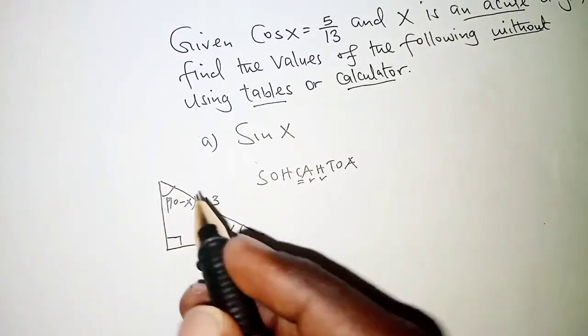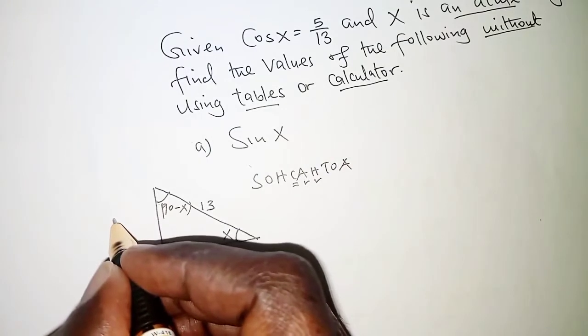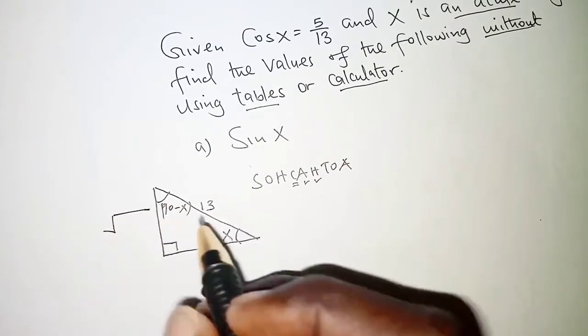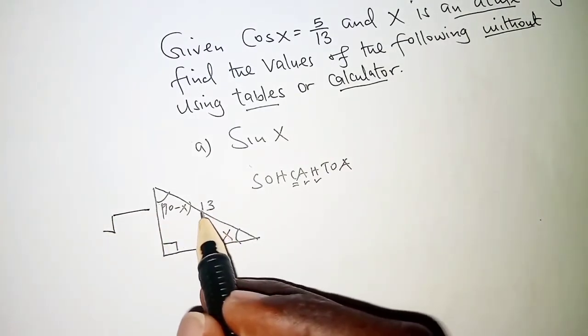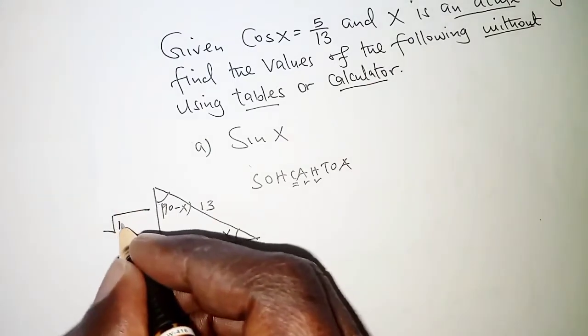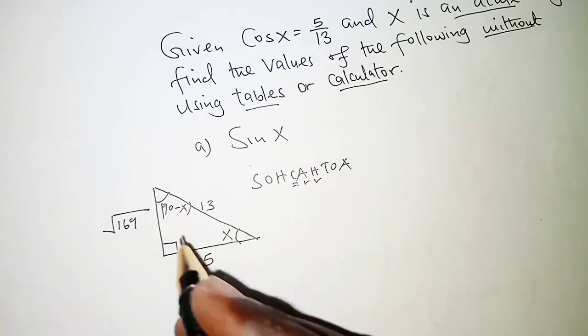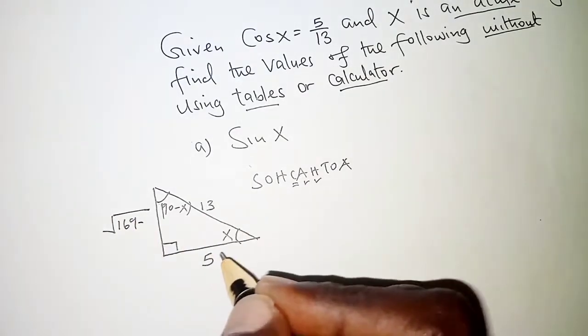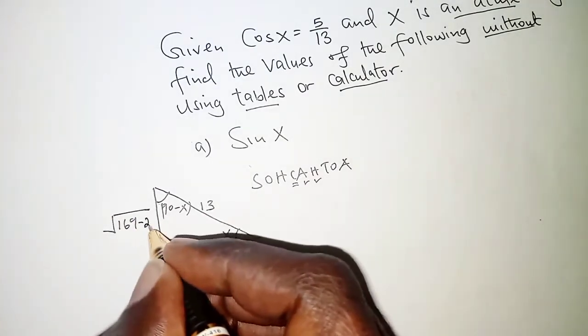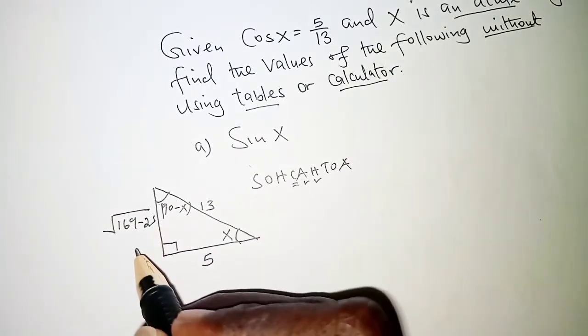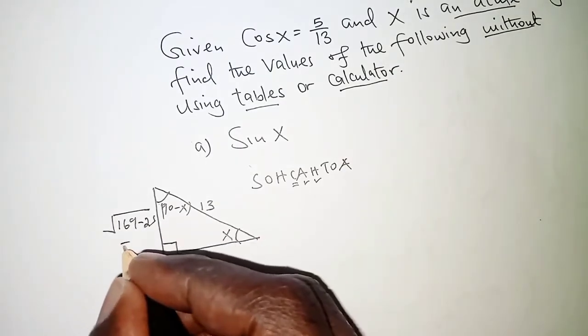So this is a right angle triangle, so this other side we obtain by simply having the square root of hypotenuse squared, that is 13 squared, we have 169, minus the base squared, and the base squared is 5 squared, that is 25. So this gives us the square root of 144, and that is 12.